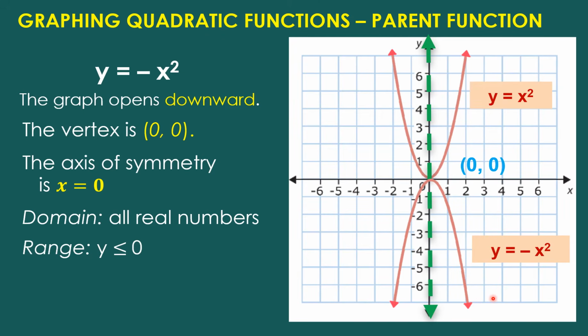What do you notice? This is simply the reflection of our parent function y equals x squared. The first one, our parent function, opens upward, and its reflection, since the value of a is negative, will simply open downward.